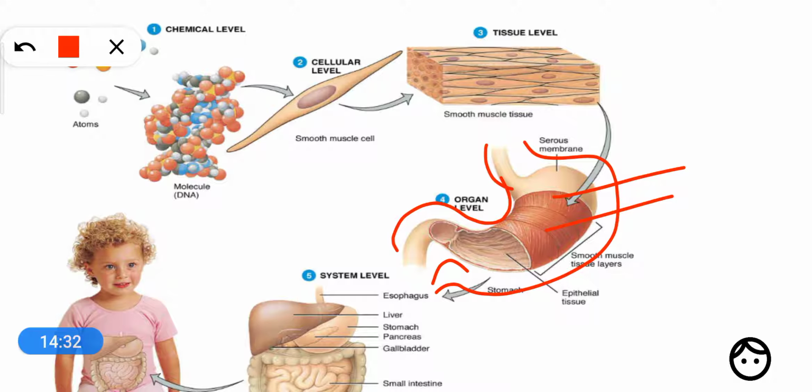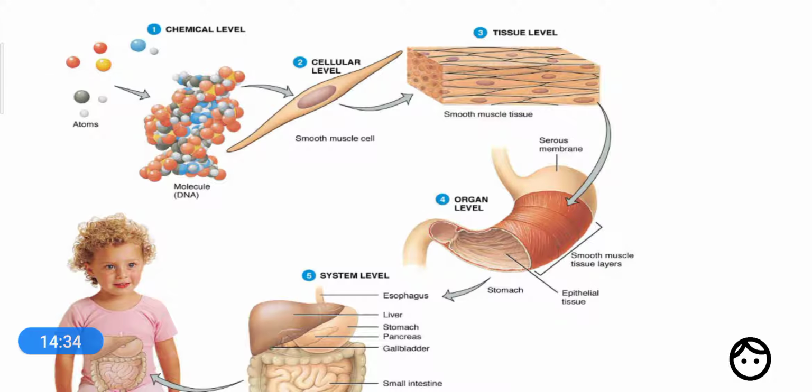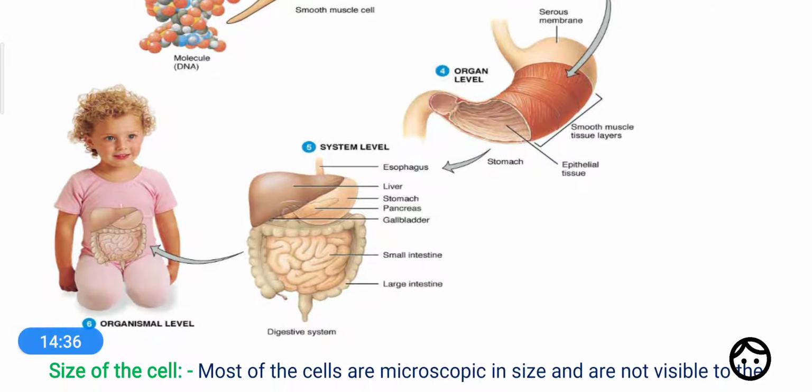Now when the organism's body is more complex, then certain organs make a group. For example, liver, stomach, pancreas, gallbladder, small intestine, rectum, these all organs together make a group and perform a very big function, that is digestion and absorption of the food.